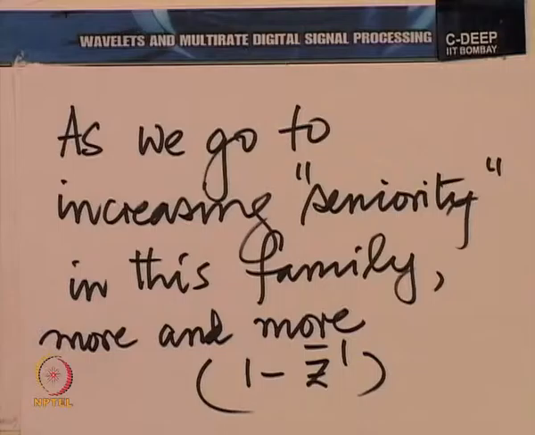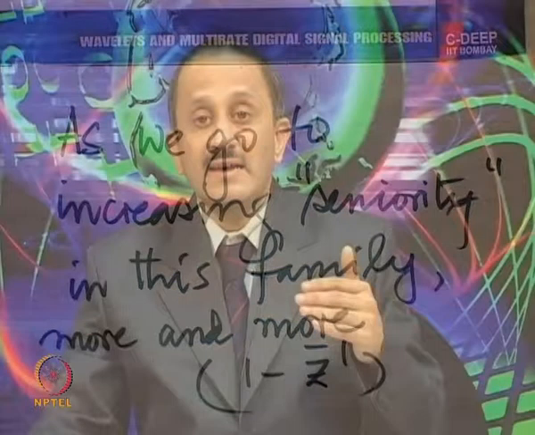So, on the high pass branch, we are effectively cancelling or killing higher and higher order polynomials. So, the other way of looking at it is, if you are cancelling or killing them on the high pass branch, they must go to the low pass branch. So, we are retaining more smoothness on the low pass branch. That is another way of looking at it.